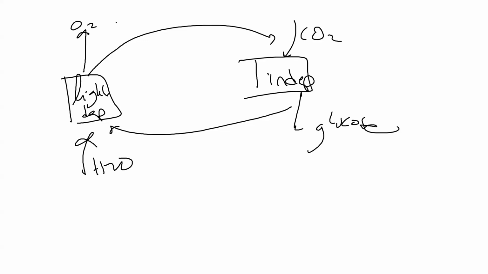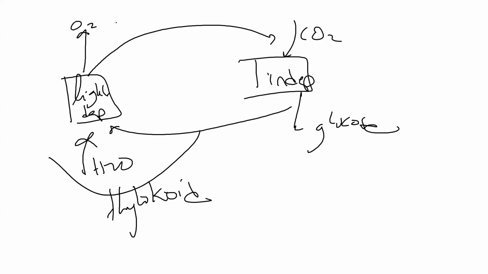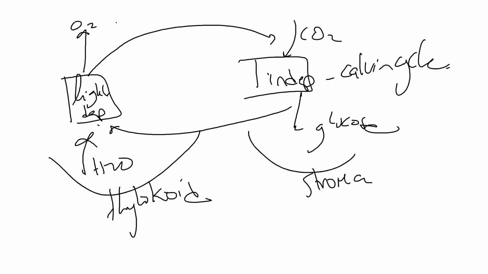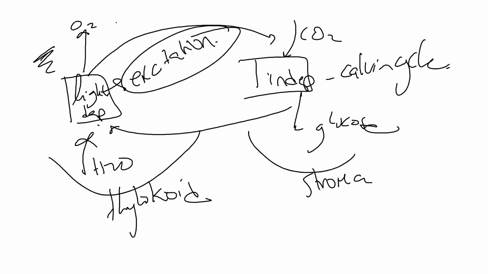The light-dependent happens in the thylakoid membrane, and the independent, or the Calvin cycle, happens in the stroma. Here, the light-dependent uses a photon, so this means the excitation.